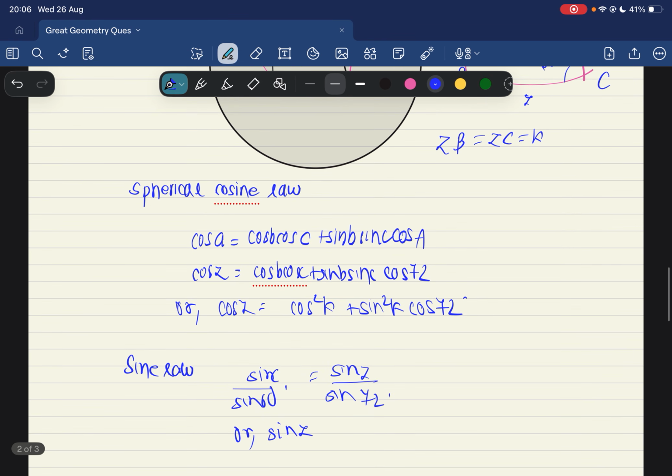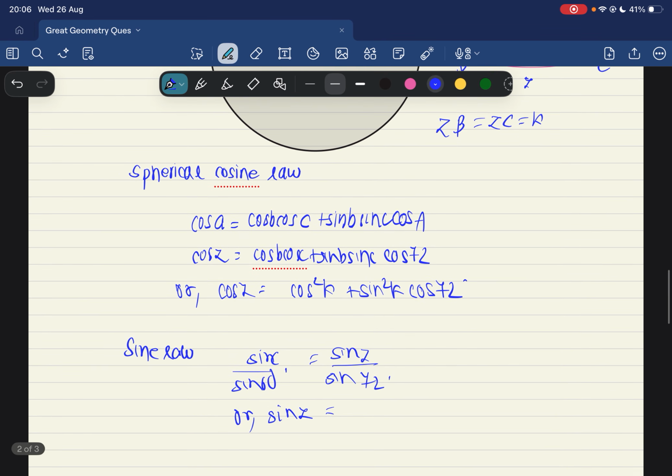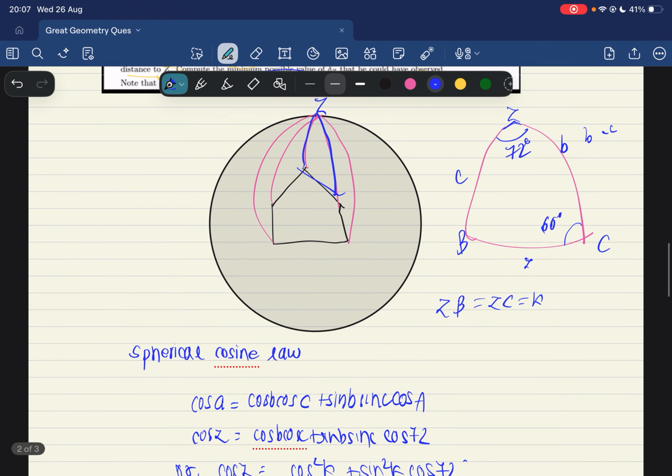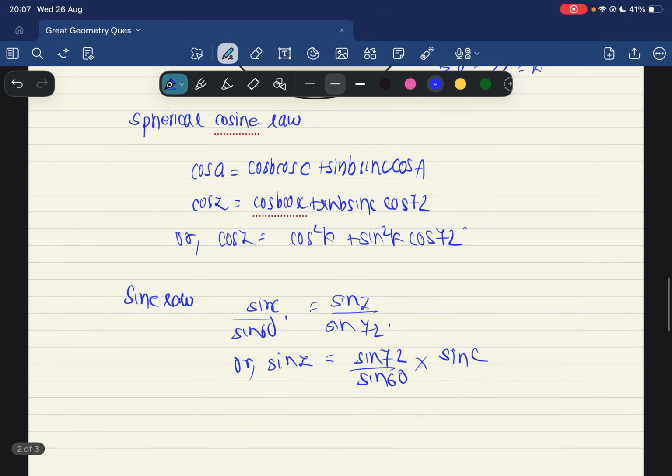We're going to find z as sine 72 by sine 60 times sine of c, basically. So just solve these two equations.